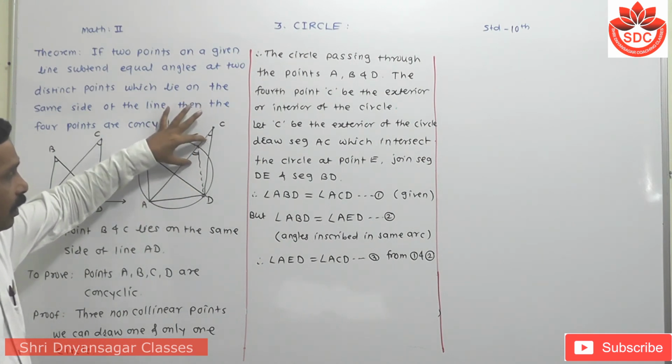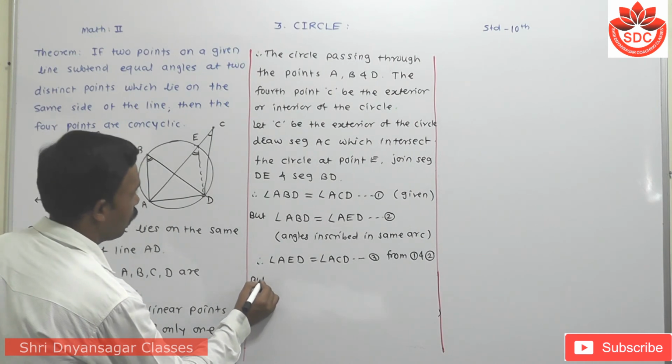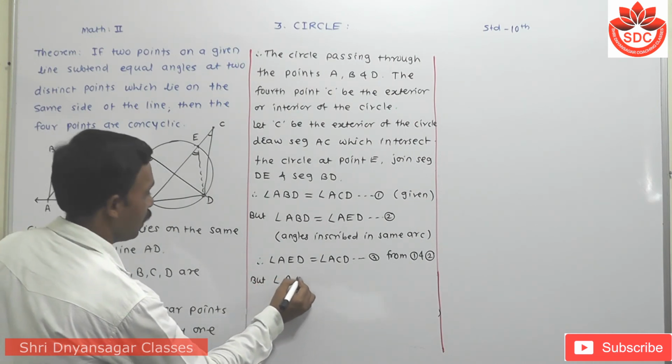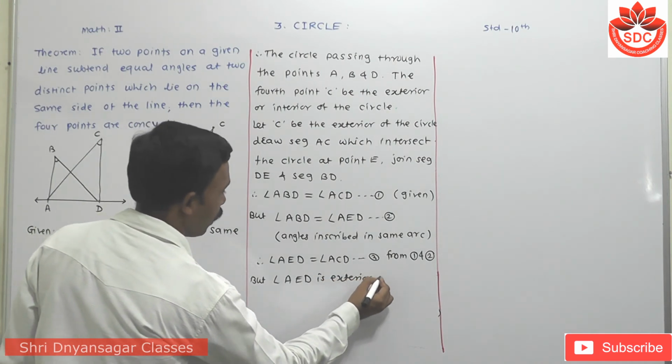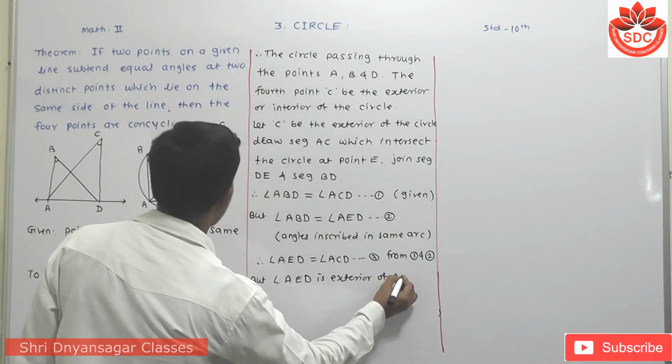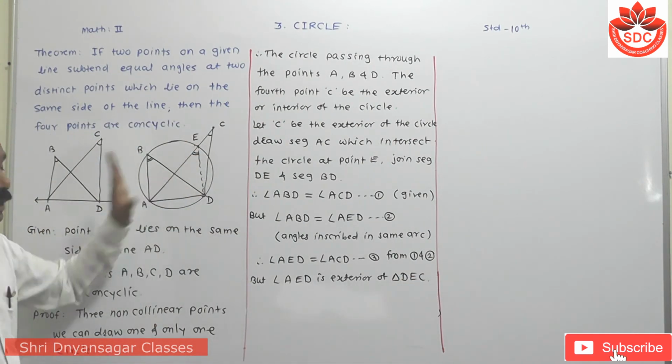These two angles are equal. But this angle is the exterior angle. But angle AED is exterior of triangle DEC. So DEC चा exterior झाला.